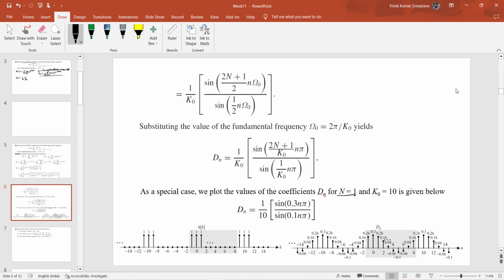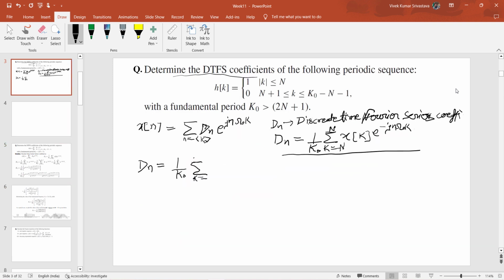Here in the problem itself, you can see that h of k is a rectangular pulse. We can plot this for various values of n. The value of h of k will be 1 when k is within the interval minus n to n.